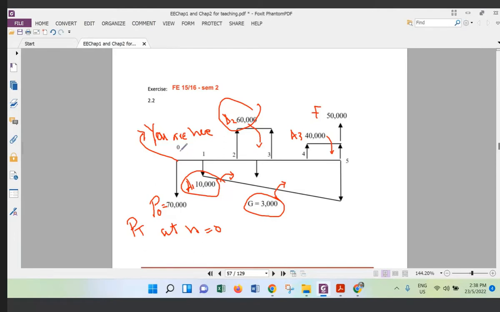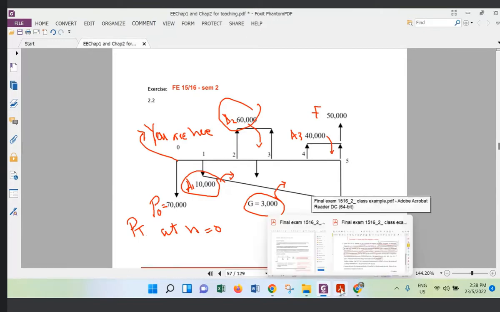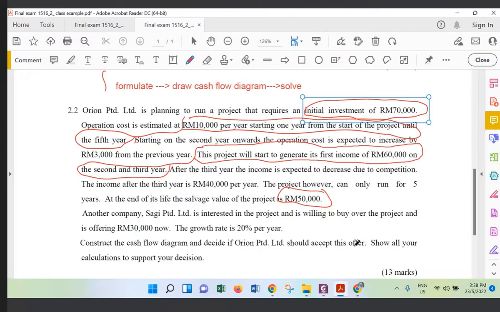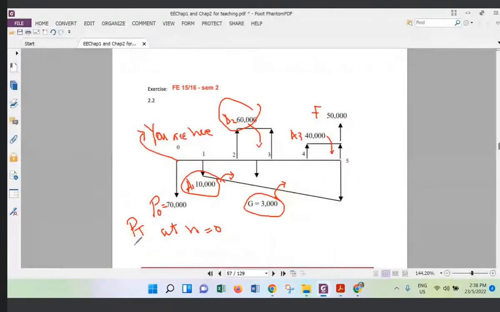At the same time, at n equals to 0, there is another company, Segi, which offers 30,000.